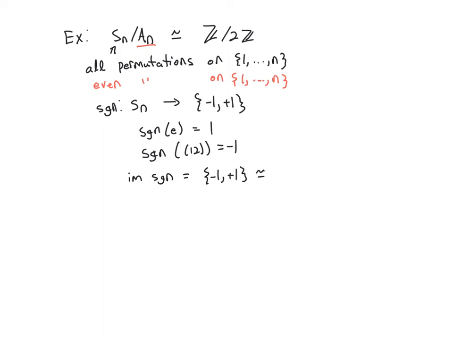By the first isomorphism theorem, this is isomorphic to the domain modulo the kernel. And as we've discussed previously, the kernel is the alternating group.